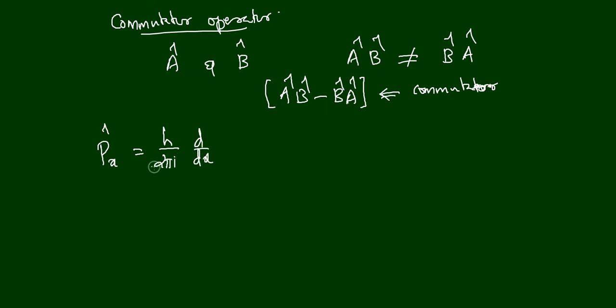You may be wondering how I got this expression for px cap. Don't worry, we will learn this in detail later on. At this moment, just understand that the momentum operator is h divided by 2 pi i d by dx, and the position operator is x cap, which is just x, a multiplication operator.